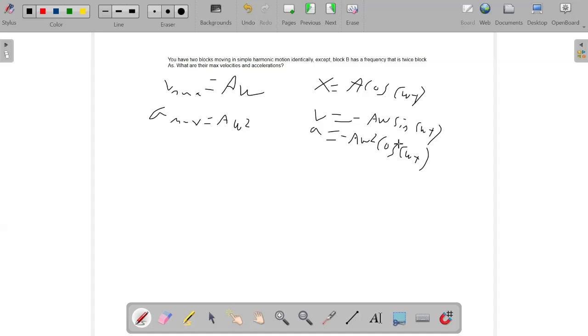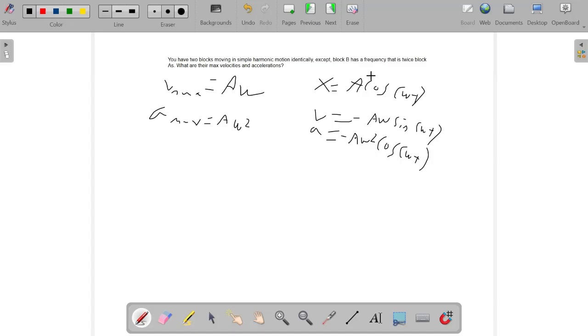So the x max is going to be A, v max is going to be A omega, and a max is going to be A omega squared. I should specify that this capital A is a different value than small a. Small a is acceleration, capital A is the amplitude of its motion, the distance it's going.